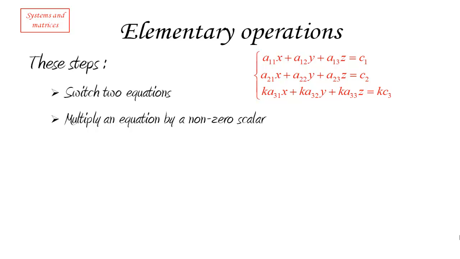So this is not going to affect the system in any way, meaning it's going to change it to an equivalent one. Finally, we can add to one equation a multiple of another one. For instance, instead of using the first equation as is, I'm going to change it to the equation obtained by adding it to the multiple I just constructed of the third equation.